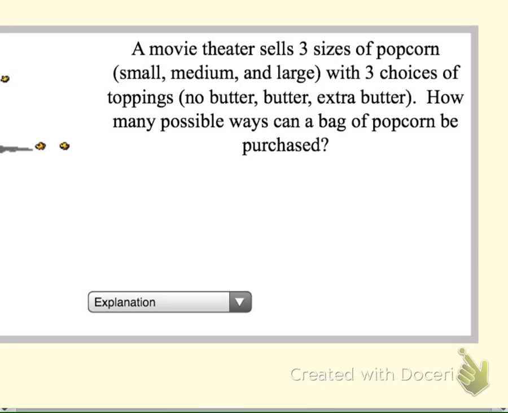Okay, before you get started here, a movie theater sells 3 different sizes of popcorn, small, medium, and large, with 3 choices of toppings: no butter, butter, and extra butter. How many possible ways can a bag of popcorn be purchased? Lauren, you go ahead and pause, and everybody stand when you have the answer.